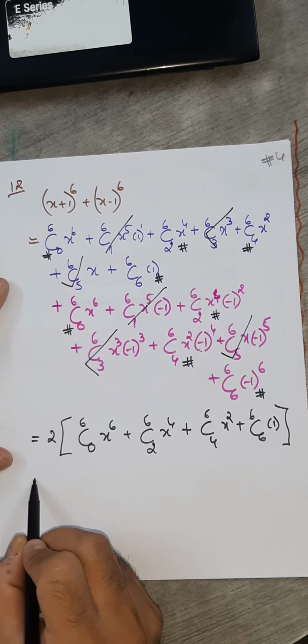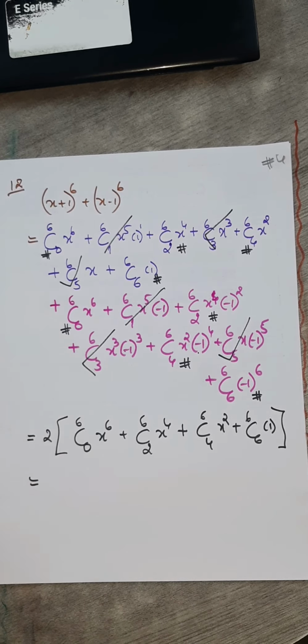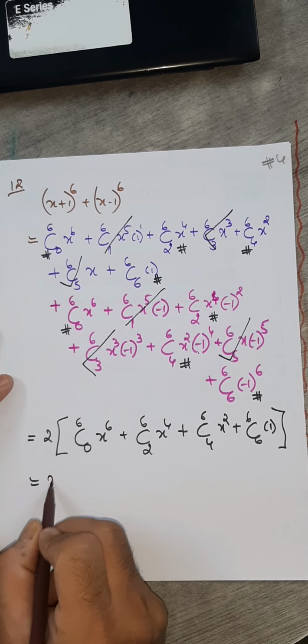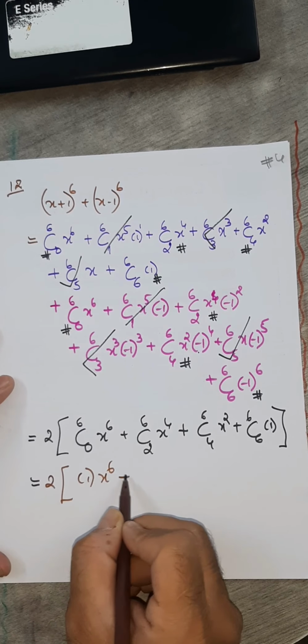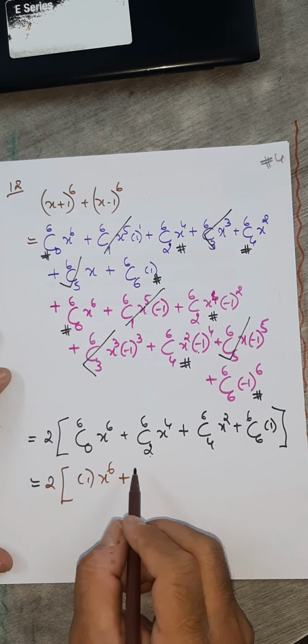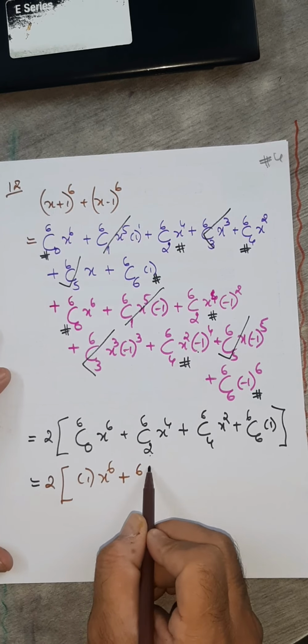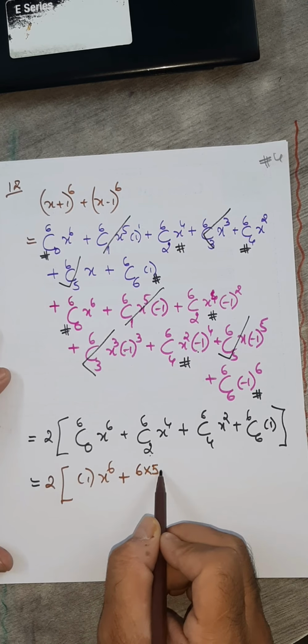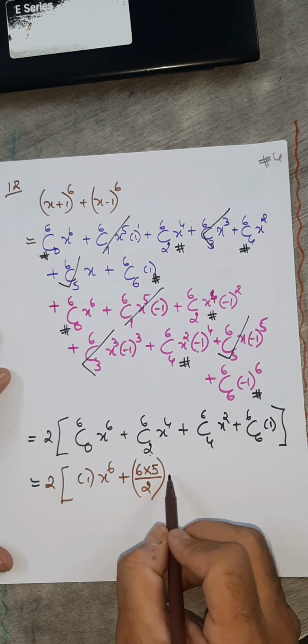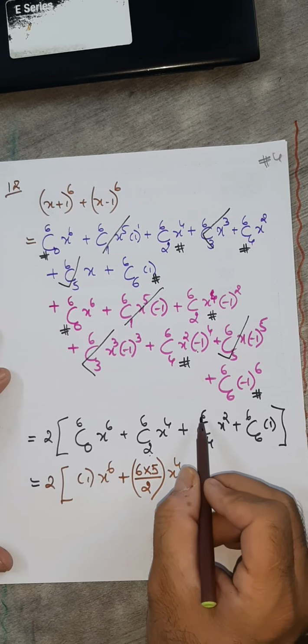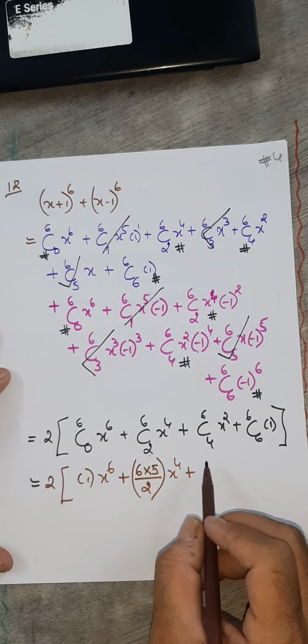Now the question is just you need to simplify this, that's all in all about the value here. 2 as it is. What is 6c0? 1. 1 into x raised to 6. What is 6c2? It is, if you remember, 6 into 5 into 4 factorial, that will get cancelled with the denominator. So into 2. That's the value of this, into x raised to 4. 6c4 is the same as 6c2.